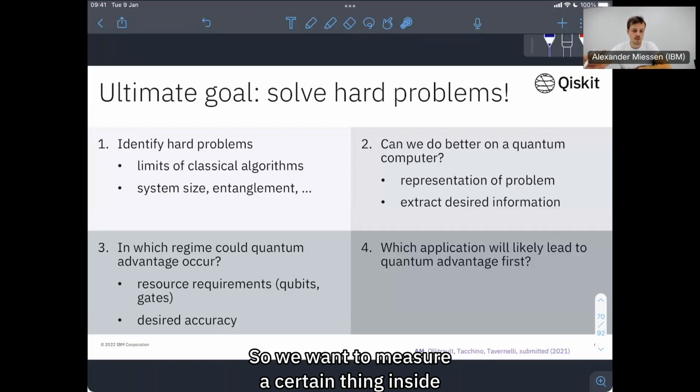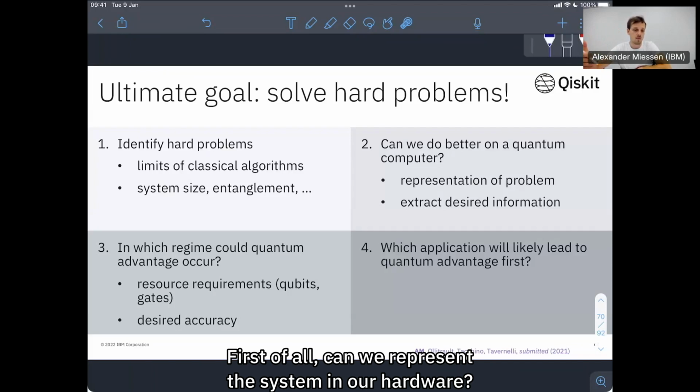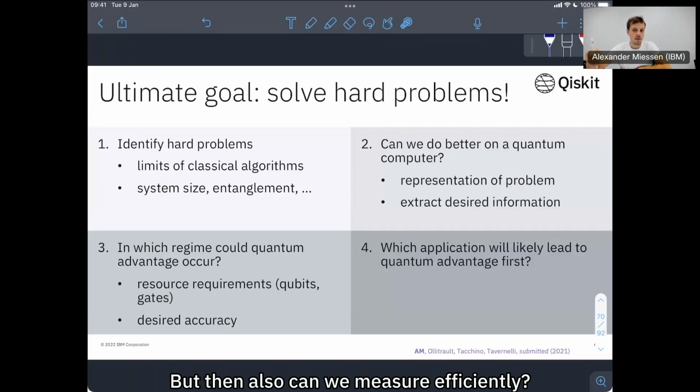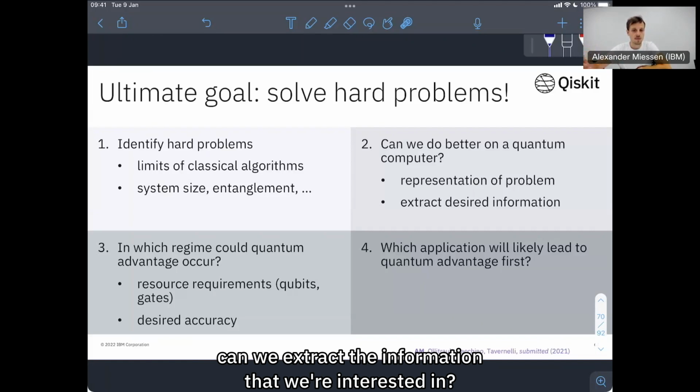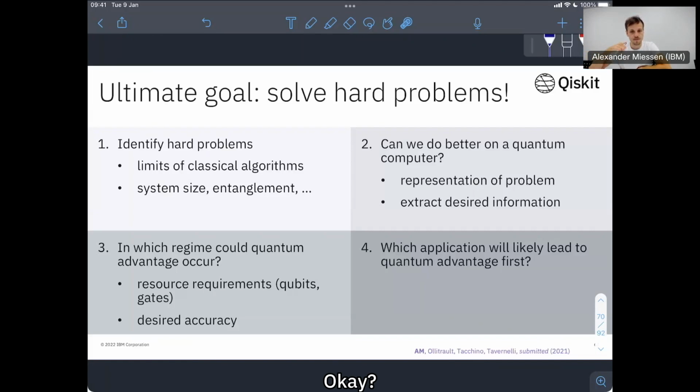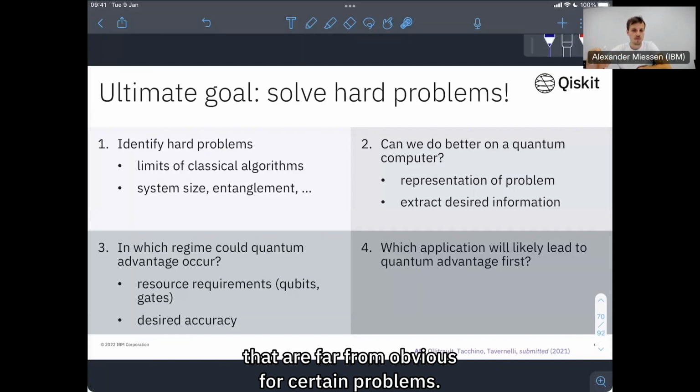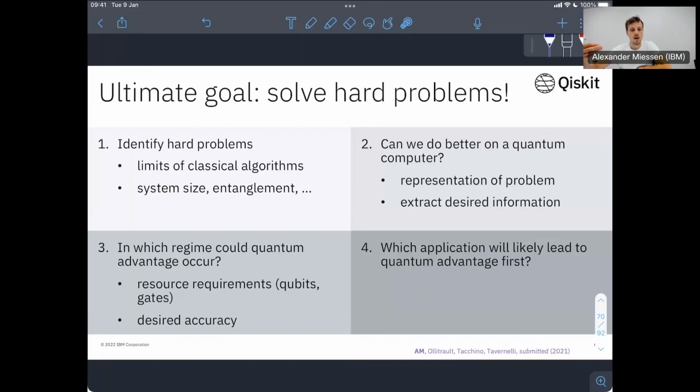So we want to measure a certain thing inside of a certain system. First of all, can we represent the system on our hardware? But then also, can we measure efficiently? Without a ton of measurements, with few measurements, can we extract the information that we're interested in? Okay. These are two very important questions that are far from obvious for certain problems.